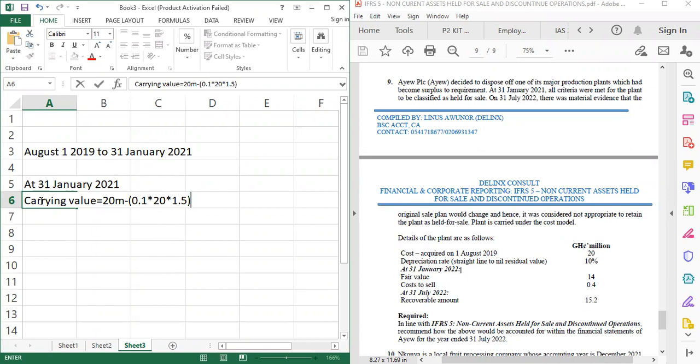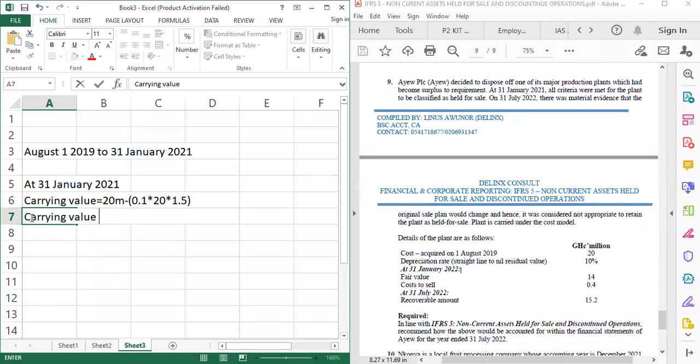Am I correct? 0.1 times 20 is 1 year. So if you want to get 1.5 years, you multiply by 1.5. All right.